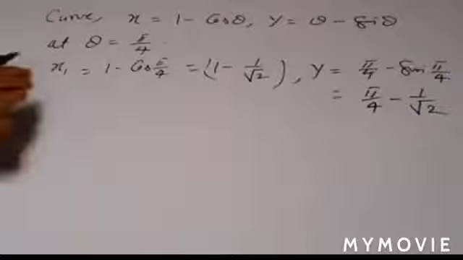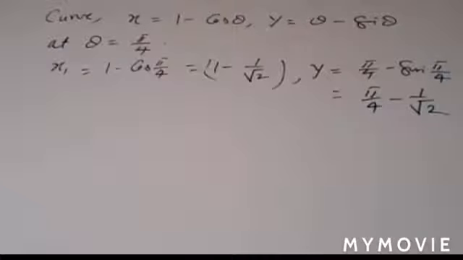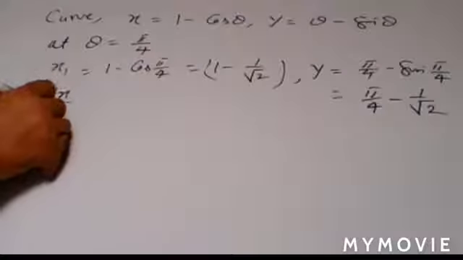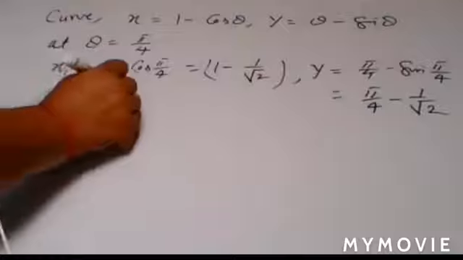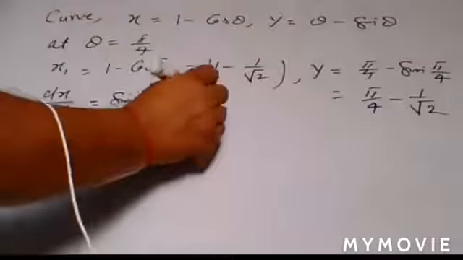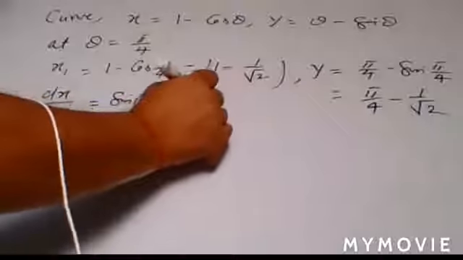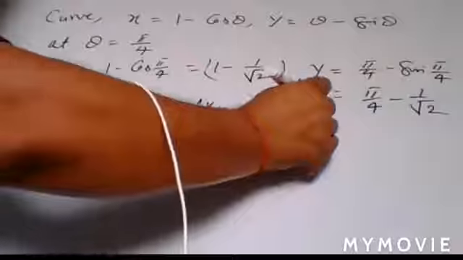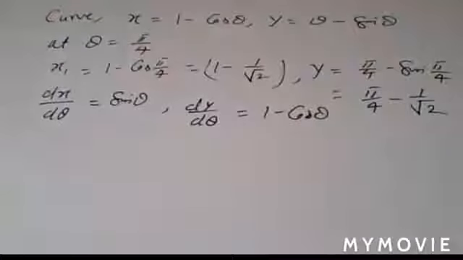Now you have to find its derivative. So take dx by d theta. The value of dx by d theta is equal to sine theta, and the value of dy by d theta is equal to 1 minus cos theta. Understand?